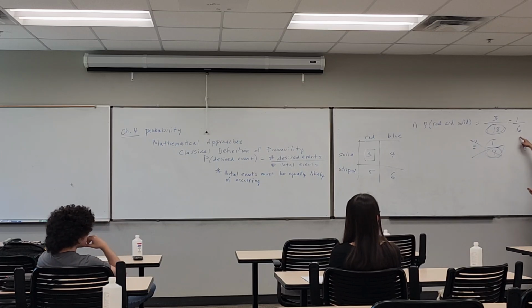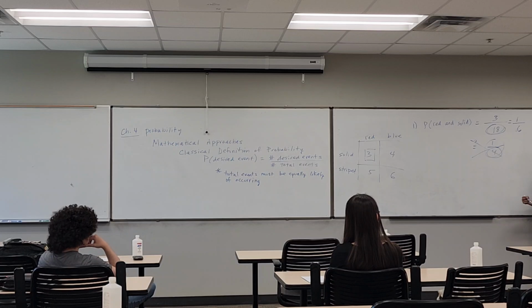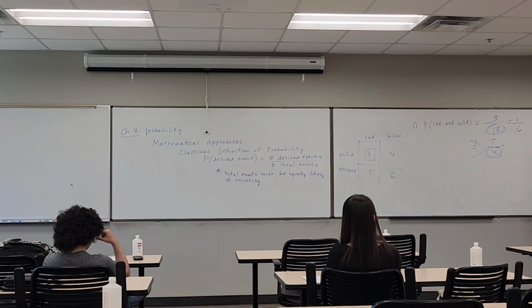So this answer is significant because it's the same answer as what you would actually observe if you were able to repeat this experiment a number of times in person. But you're able to get this answer much quicker than having to observe 1 trillion different experiments. Any questions?